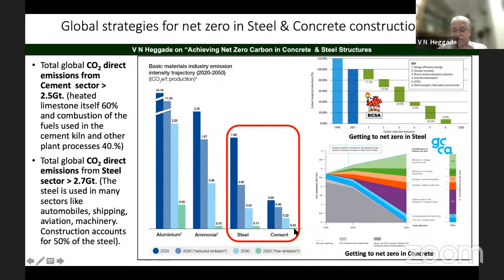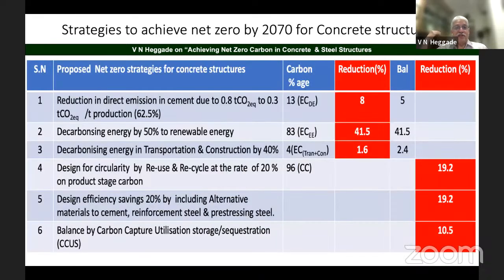If we use the same principle in India, if we can reduce this direct carbon dioxide emission from 0.8 to 0.3, I've taken 0.8 to 0.3 instead of 0.03, that's only 62.5%. Globally, they are doing almost around 90%.